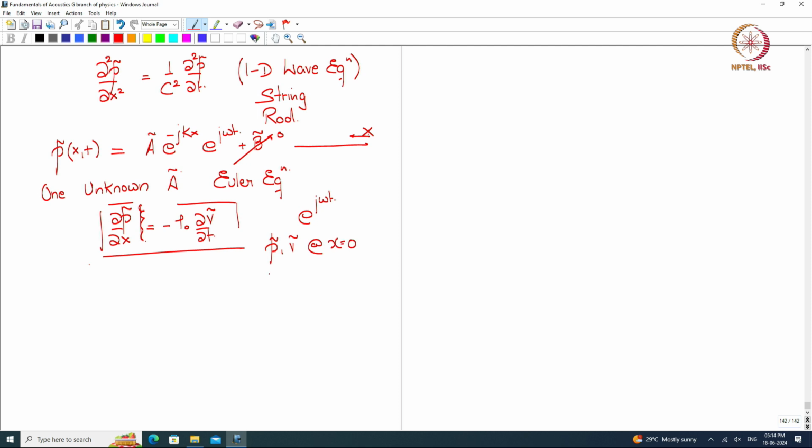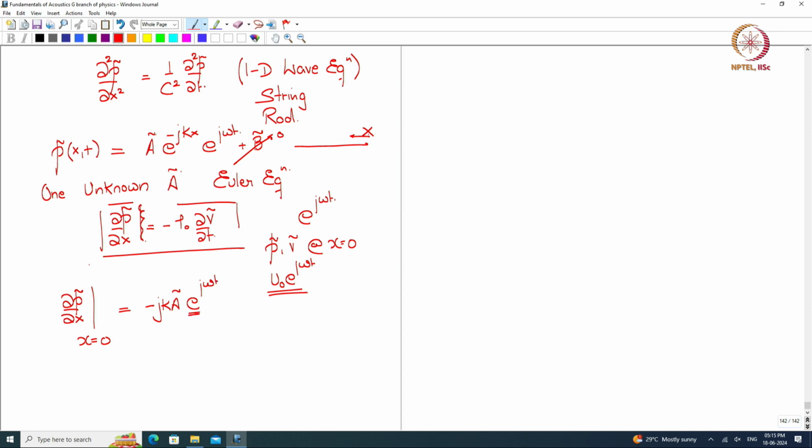At x equal to 0, the piston velocity is u0 e to the power j omega t. That is the idea. So we say del p tilde by del x at x equal to 0 is equal to minus j k A tilde e to the power minus j k x, evaluated at x equal to 0, that is 1, times e to the power j omega t.